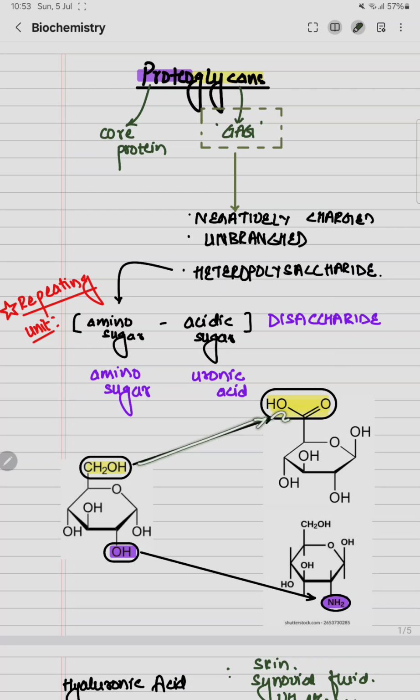Now this is changed to COOH. So this becomes glucuronic acid. So again, to emphasize, the repeating unit is a disaccharide unit, wherein the monosaccharides are modified. You have an amino sugar and an acidic sugar, which are also known as uronic acids.